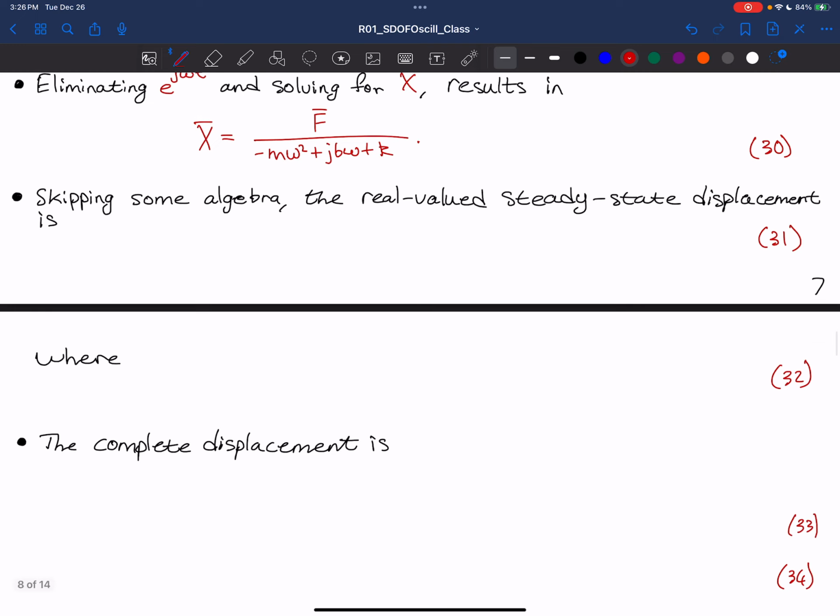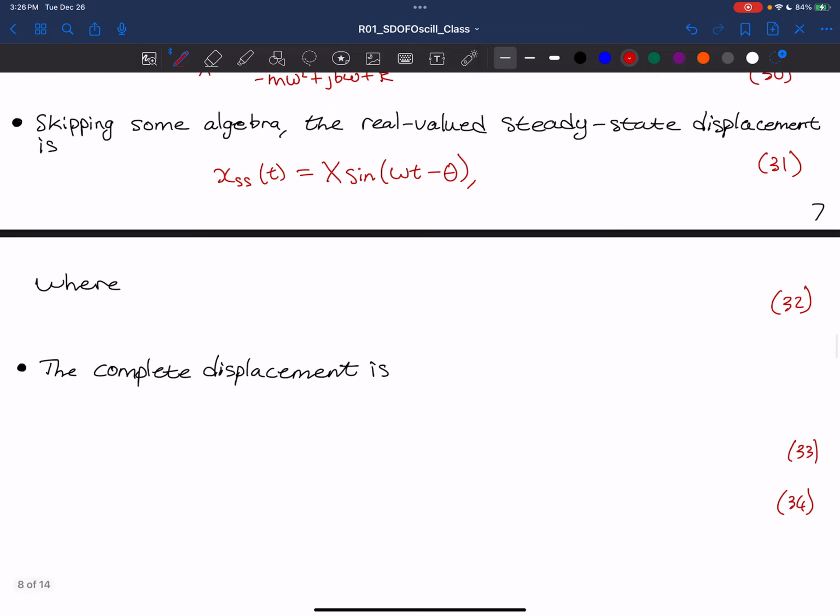And in this case, skipping some of the steps, we can find that our real valued steady state response is going to be some big X times the sine of omega t minus a phase angle theta, where big X ends up being equal to F divided by omega times the square root of b squared plus the quantity k divided by omega minus m omega squared.